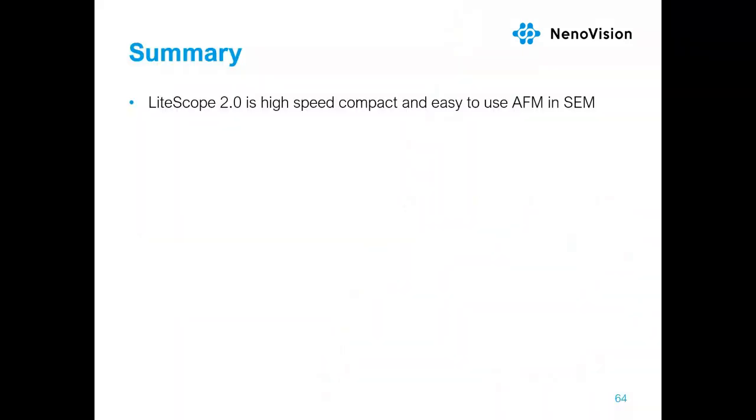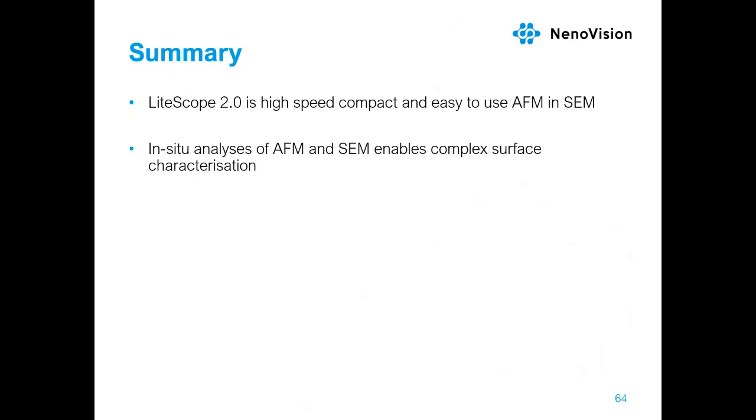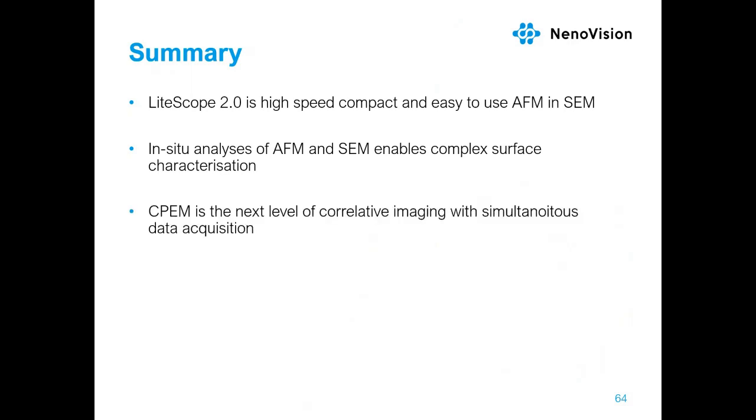I hope that I was able to clearly present the LiteScope 2.0 as a high-speed, compact, and easy-to-use AFM in the SEM. I hope that I was able to convince you that in-situ analysis with AFM and SEM enables complex surface characterization, and there is plenty of added value for your research.